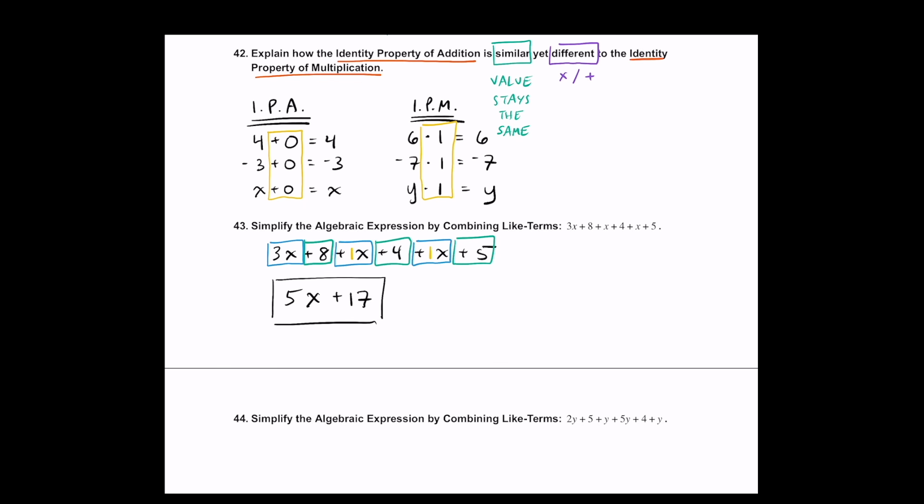Okay, let's try this one more time. If you'd like to pause it and try it on your own, go for it. We have 2y plus 5 plus y plus 5y plus 4 plus y. Let's see what we've got going on here. Whenever you have just a y, it might be helpful to write in the coefficient if you think you might forget it.